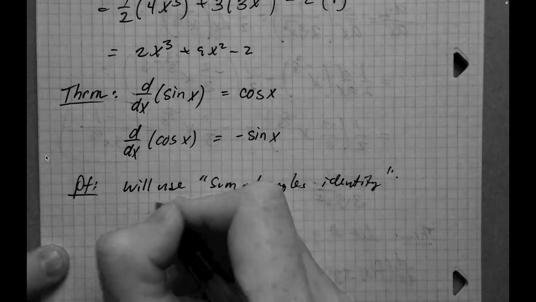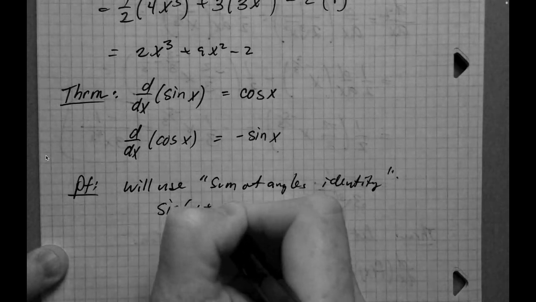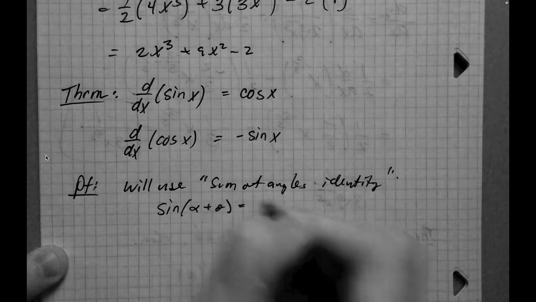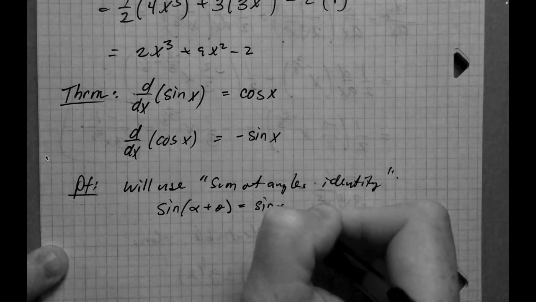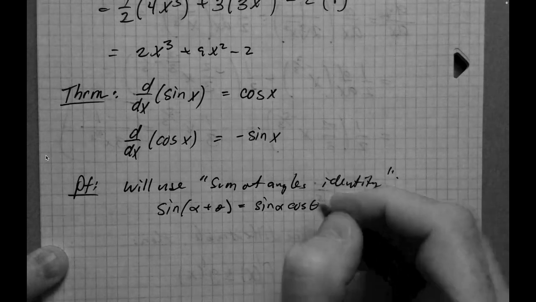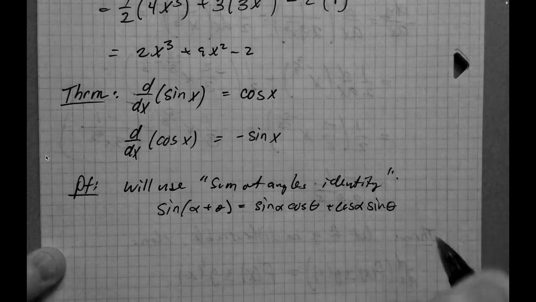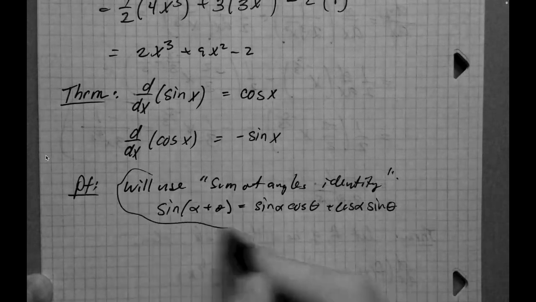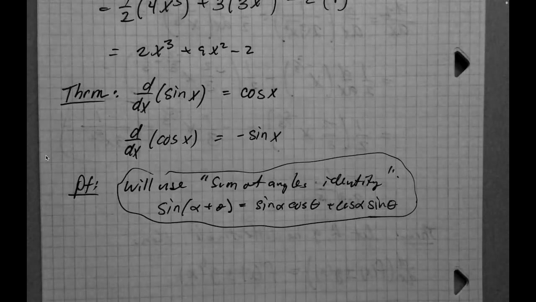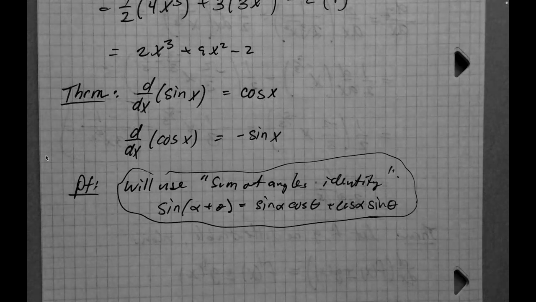If you recall, sine of alpha plus theta is equal to sine of alpha cosine of theta plus cosine of alpha sine of theta. So that'll come up in the proof. But otherwise it's a totally straightforward application of the definition.